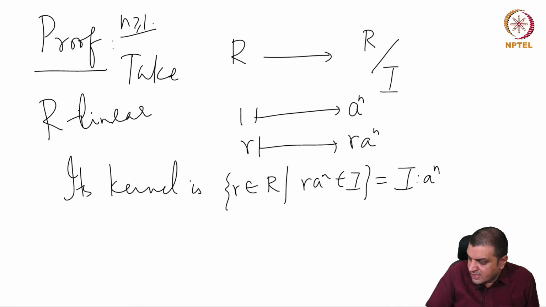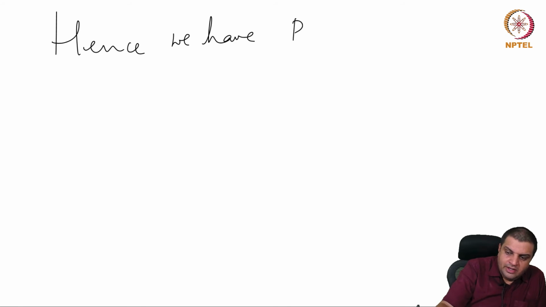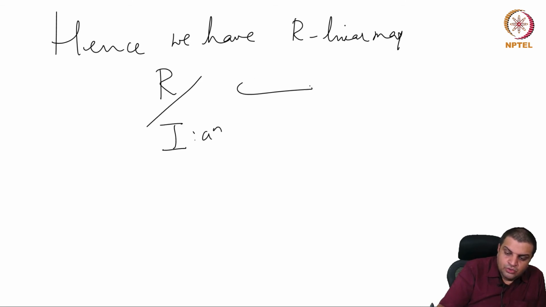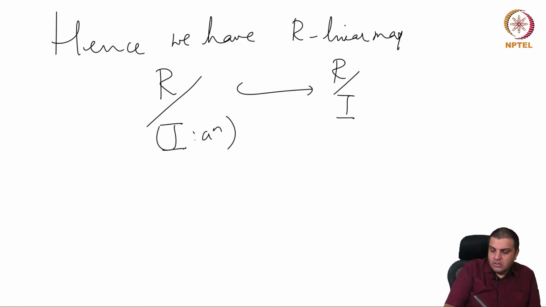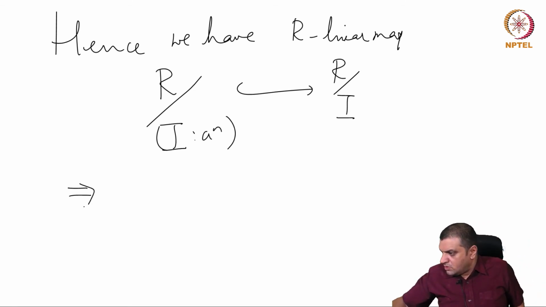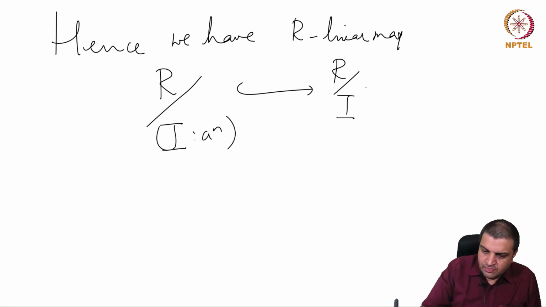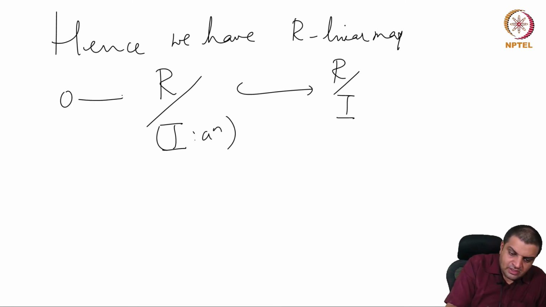Hence we get an injective R-linear map R mod (I colon a^n) to R mod I. The quotient is maybe one should write it as a short exact sequence.